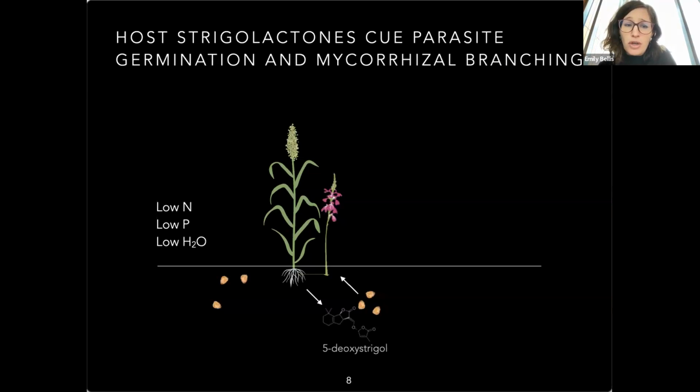So especially under low nutrient, low water conditions, diverse strigolactone molecules are exuded by host roots in order to recruit and stimulate interactions with mycorrhizae, and then the parasites cue in on that signal. That stimulates their germination, and then they continue to develop a special organ called a haustorium, which infects the host root. And through that connection, they establish vascular connections and can siphon water and nutrients from the host.